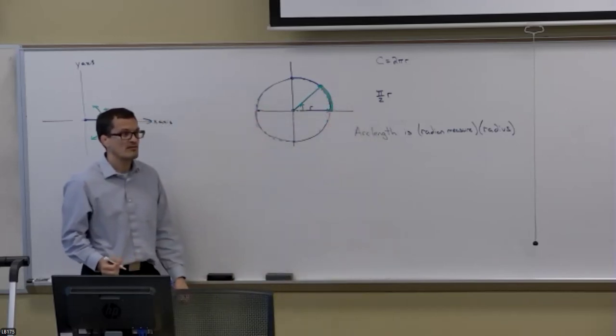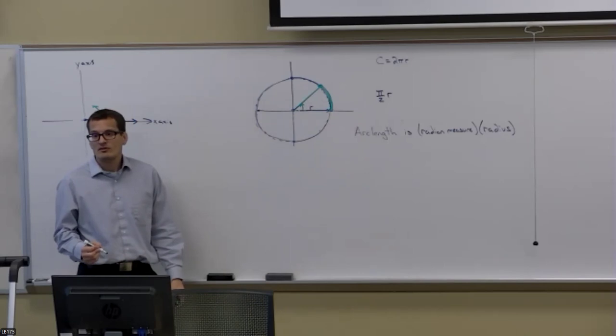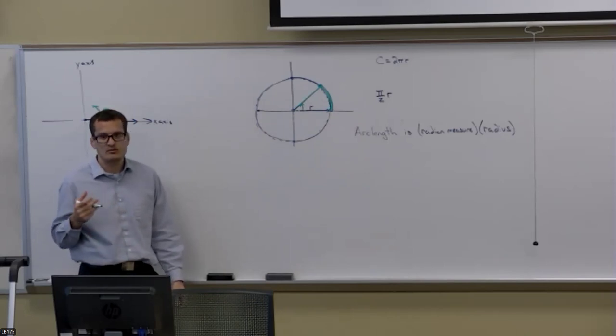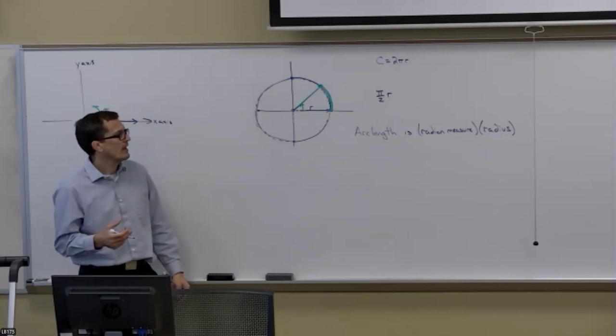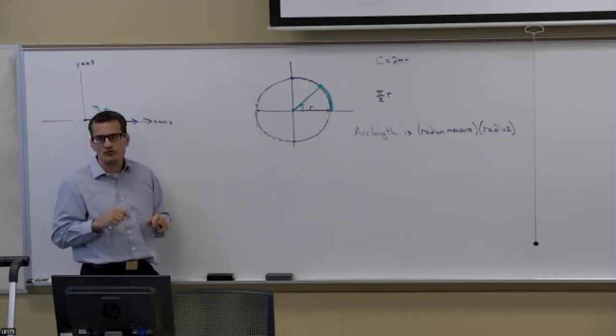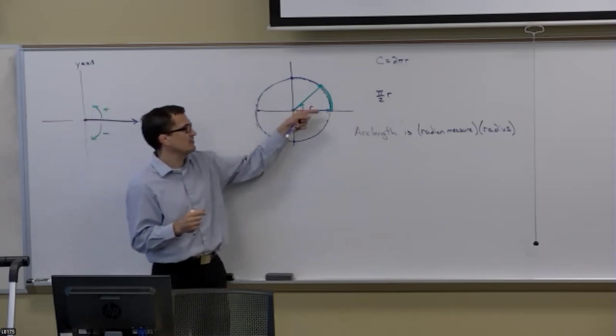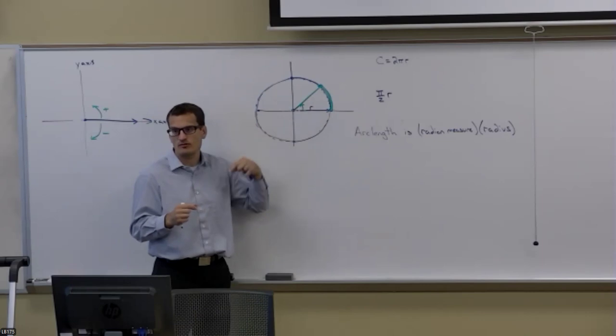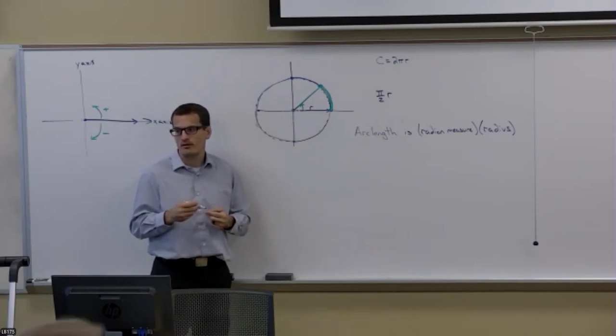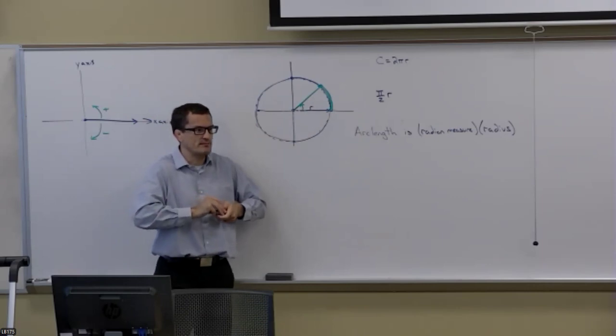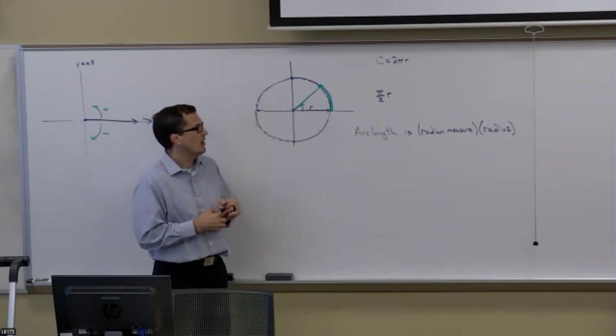So if you wonder where the 2 pi comes from and why we measure radians in terms of pi, it's because of this connection to the arc lengths of circles. Does that make sense? So that's why radian measures are the way they are.